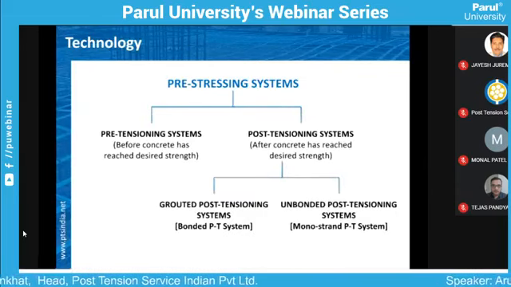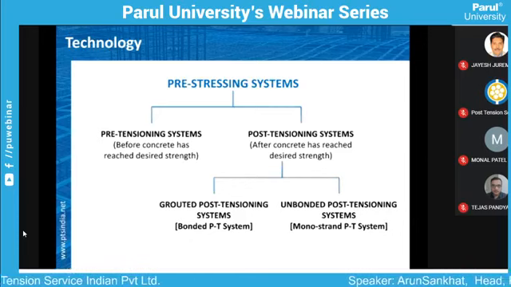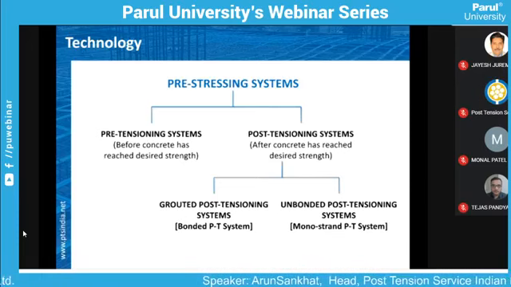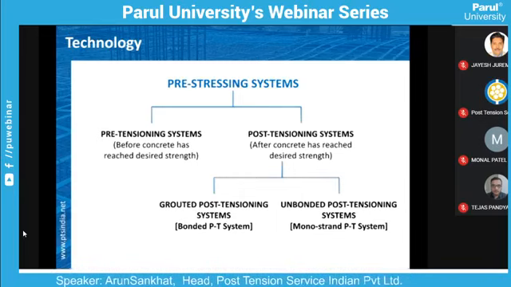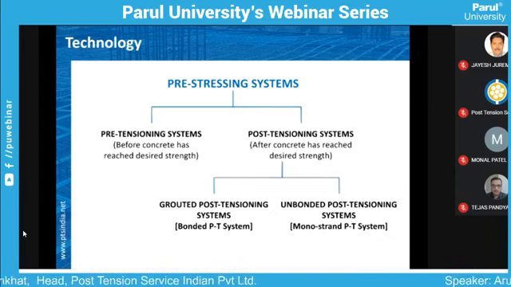So this is the classification of pre-stressing systems. It has pre-tensioning systems and post-tensioning systems. Pre-stressing is a general term, and pre-tensioning is a part of pre-stressing. Pre-tensioning means concrete will not be cast first.